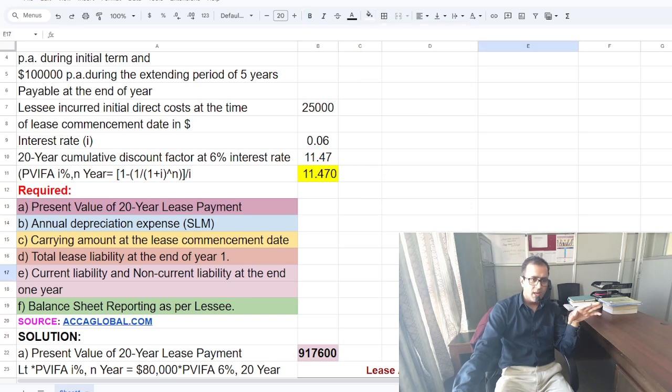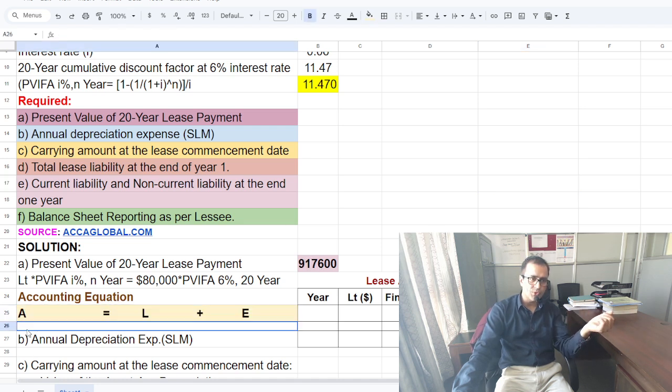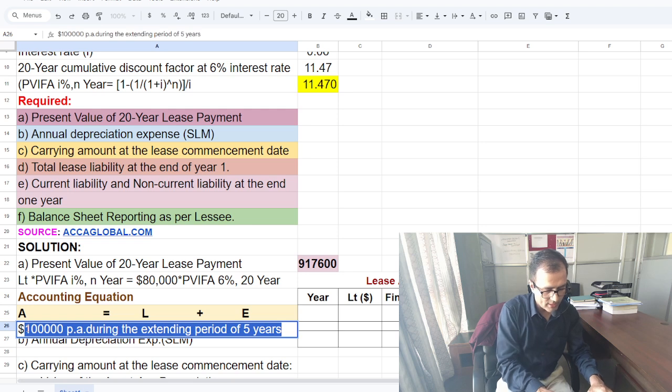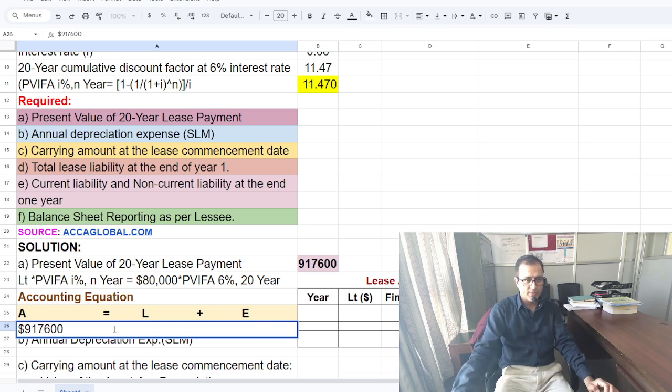Now the second question is about the annual depreciation expense using the straight line approach. Before that, to understand this value and how we record the journal entry, we debit the lease asset account and credit the lease payable account. In assets you show this value as $917,600 as lease assets.